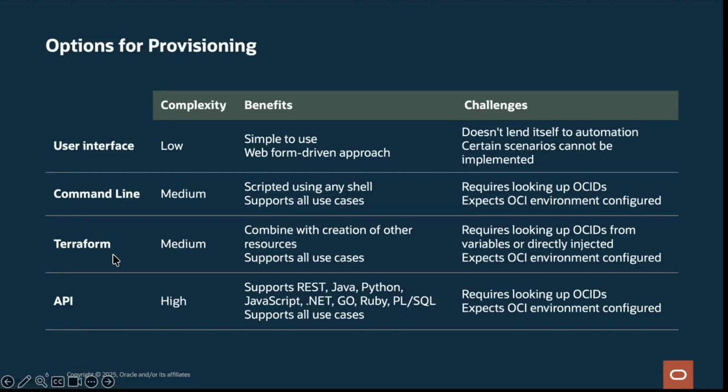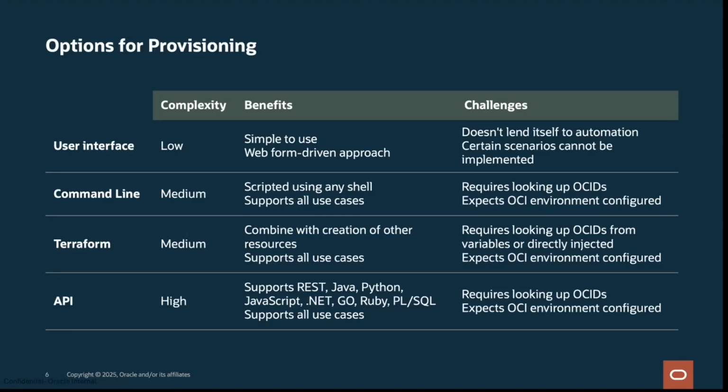This is very useful if you want to combine creation of OIC with other resources. For example, you might have a specific compartment structure that you want. So you create the compartment, you can create the integration within that compartment, and you can potentially create other resources, such as a database, as part of that Terraform script.